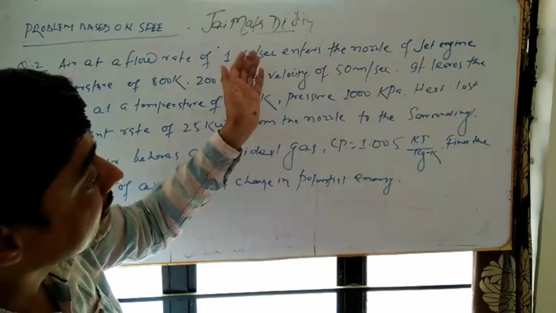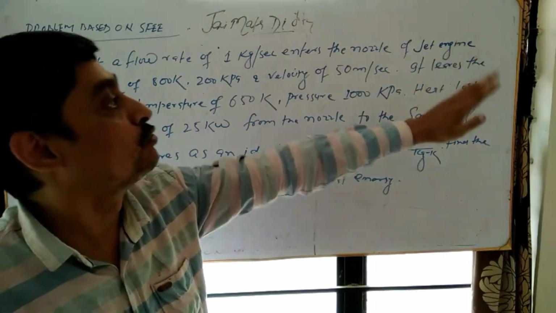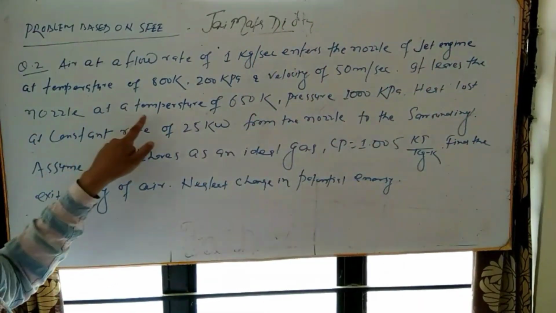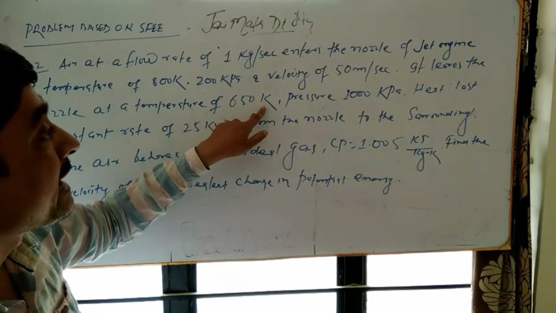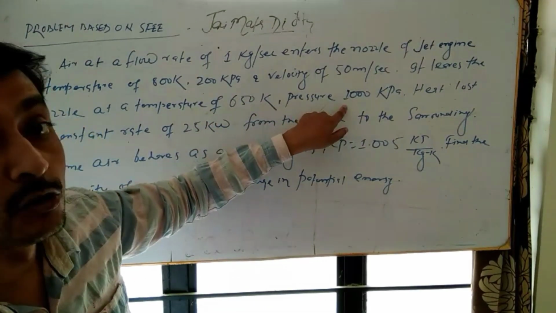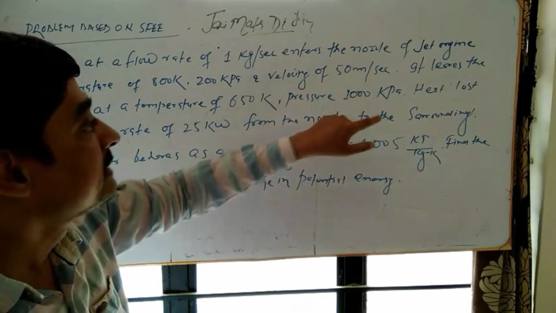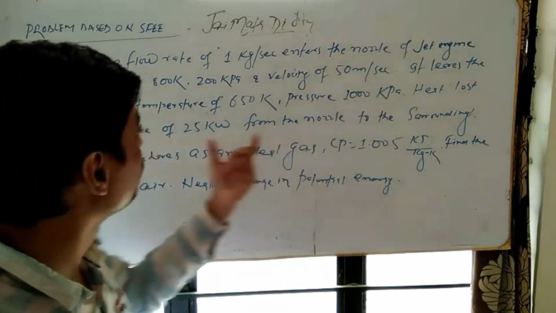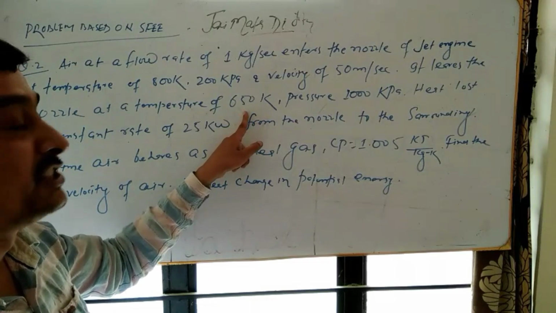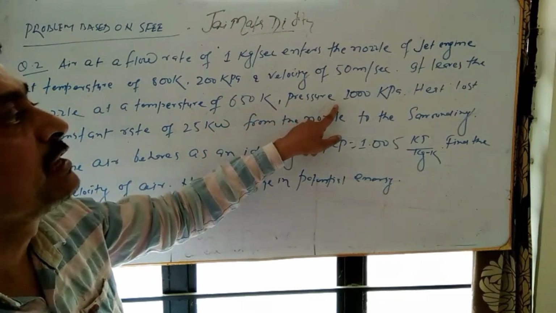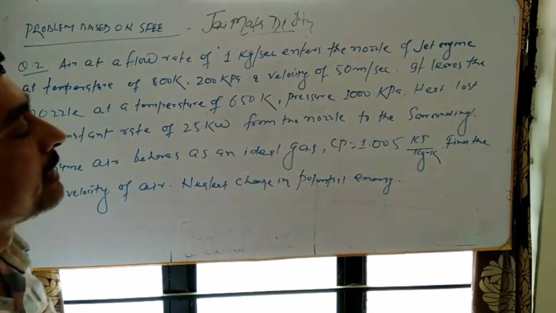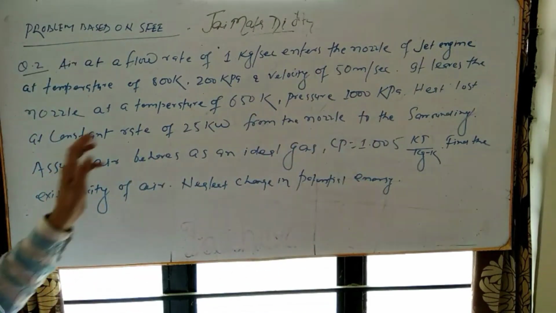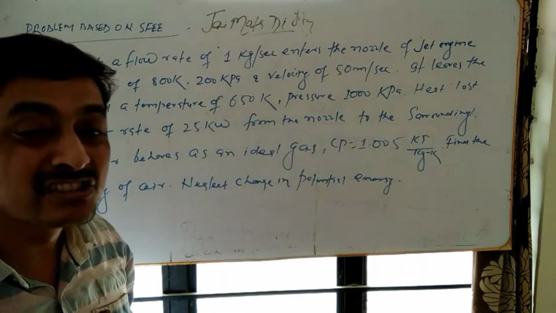That means after expansion in the nozzle, it leaves at a temperature of 650 Kelvin and a pressure of 100 kilopascal. Right? So this is the condition at an exit of this nozzle. That means air leaves the nozzle in this condition. The heat is lost at a constant rate of 25 kilowatt from the nozzle to surrounding.